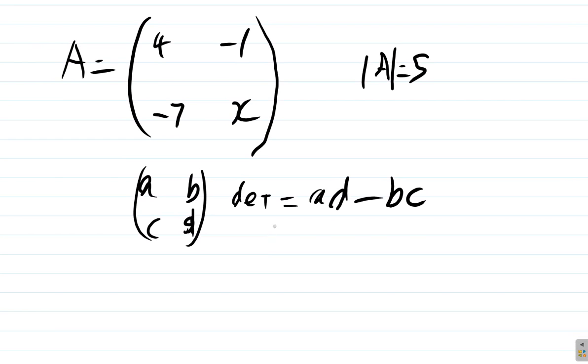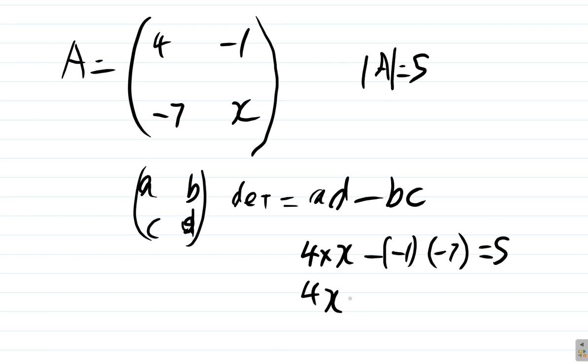A is in the position of 4. So it's 4 times D. X is in the same position as D. X minus BC. B would be where negative 1 is. So it's negative 1 times C would be here, same position, alright? So it's negative 7. And that is equal to 5.